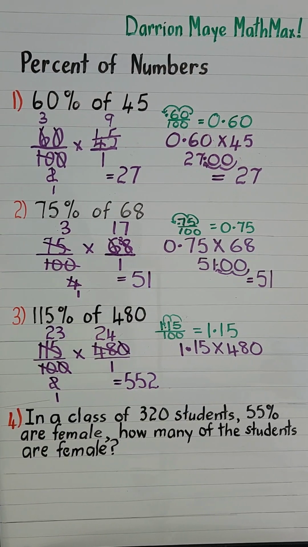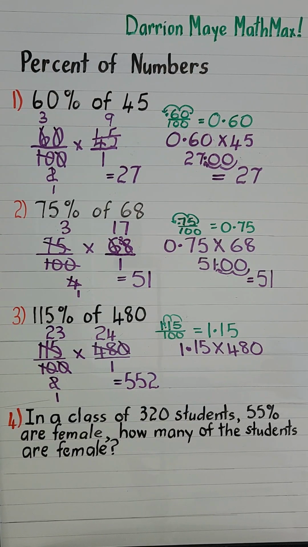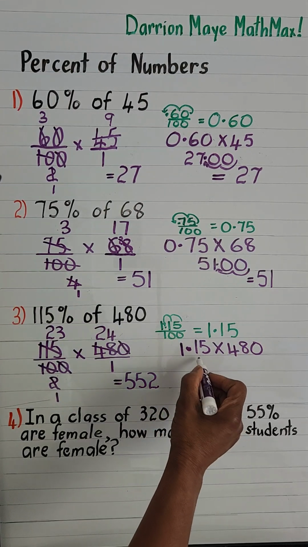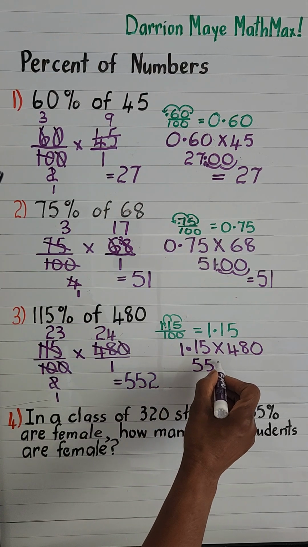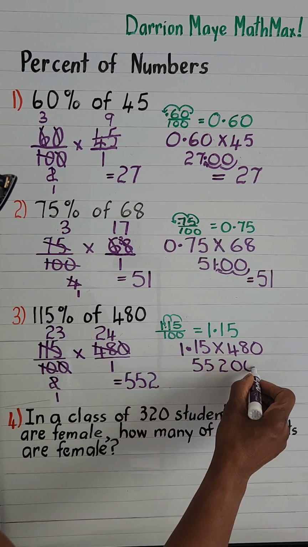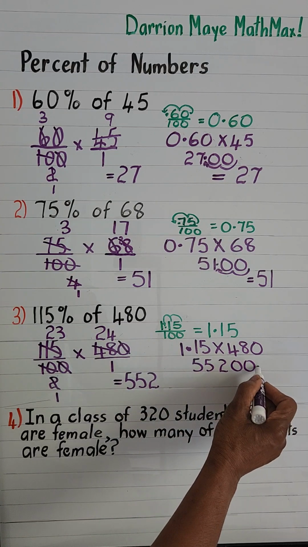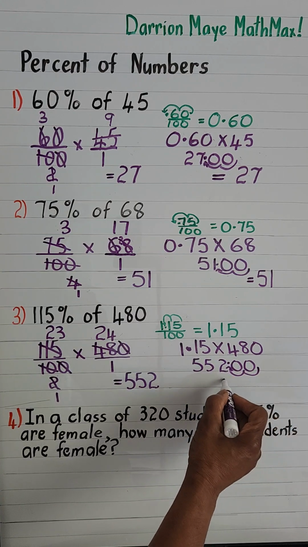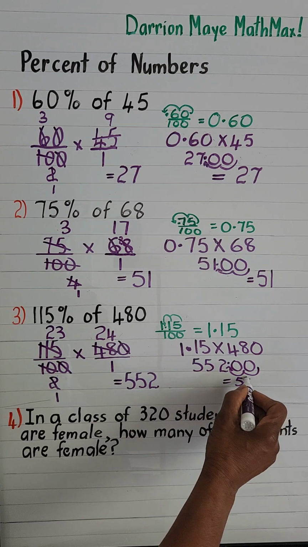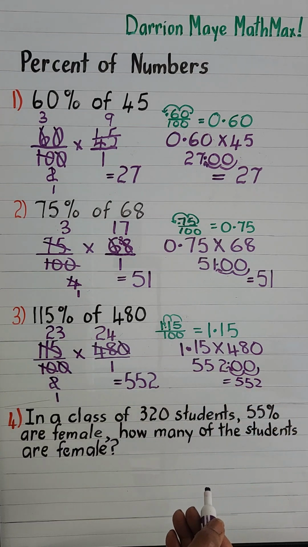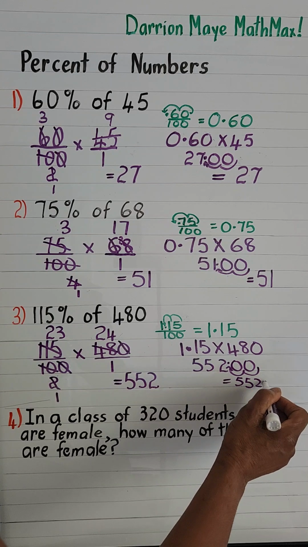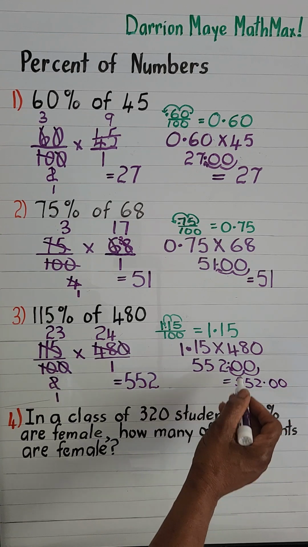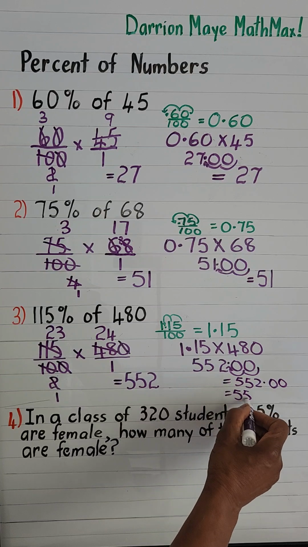And when we multiply 115 by 480, we will get 55,200. 55,200. And 2 decimal places, 1, 2, and that is equal to 552.00, which is the same as 552.